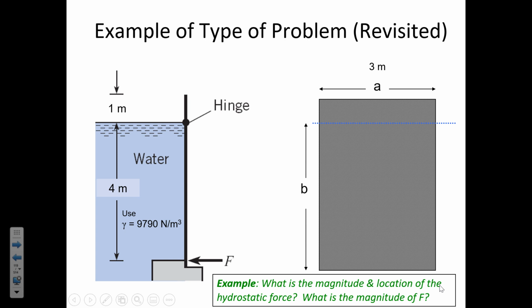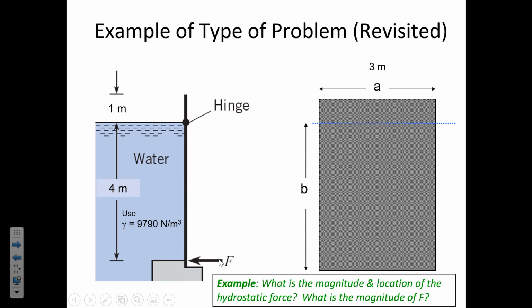Okay, so what we've just determined is the magnitude and the location of the force of the water acting on this gate. So that's causing the gate to rotate counterclockwise, unless it's resisted by this force F.